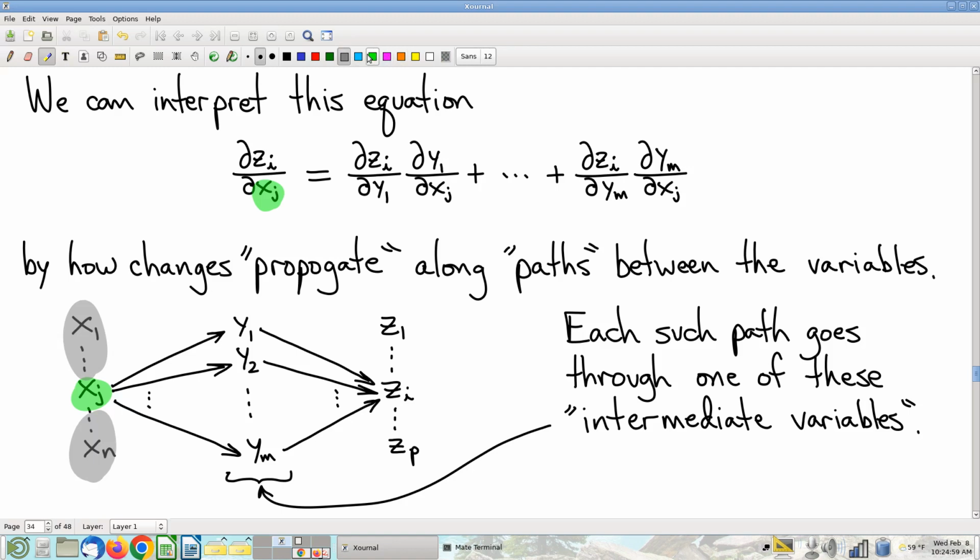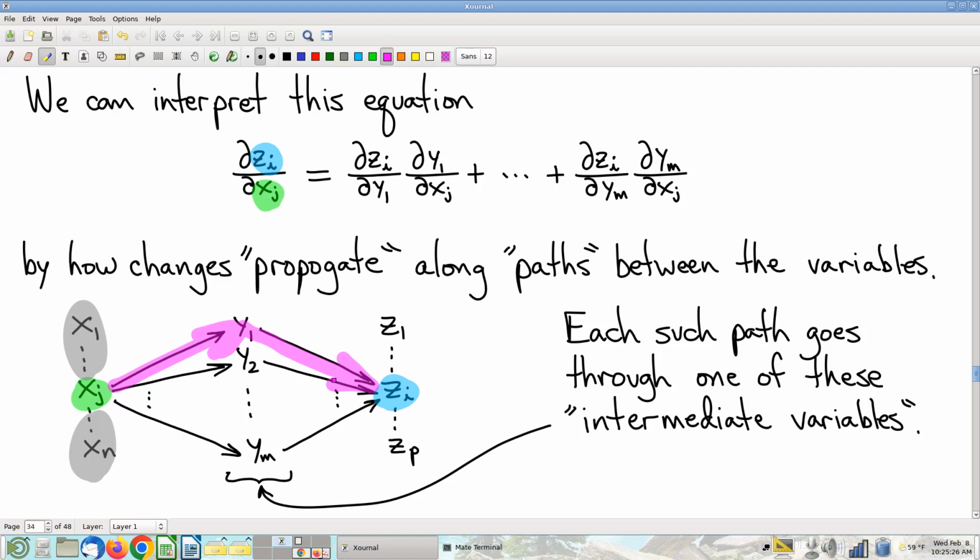And I'm interested in how zi changes, so I'll be looking at zi as an output. So xj changes. What happens? Well, one thing that happens is changes in xj will cause changes in y1. But here's the thing. When y1 changes, the changing of y1 will also cause a change in zi.